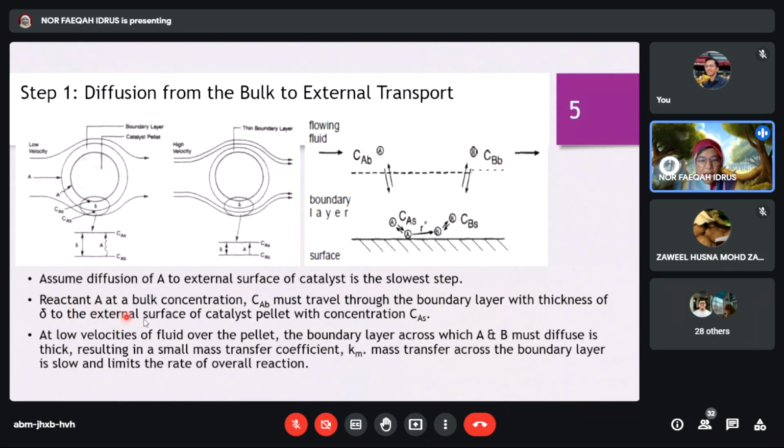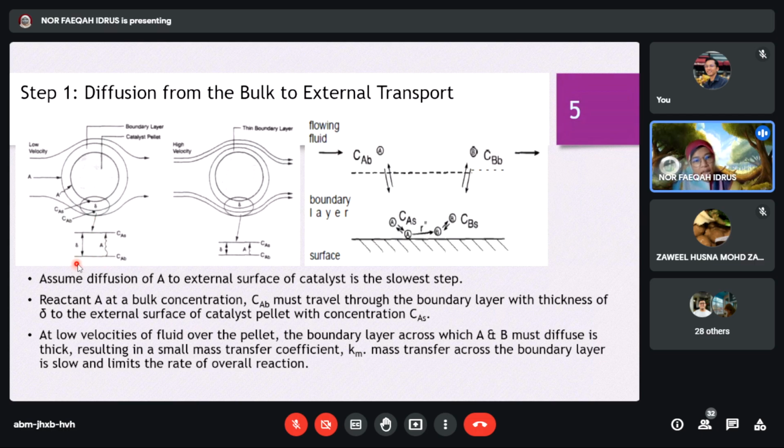So reactant A at a bulk concentration CAB must travel through the boundary layer with thickness of delta to the external surface of catalyst pellet with concentration CAS. This is the temperature gradient. How will the reactant A transfer to the external surface? This sentence says it must travel through the boundary layer.